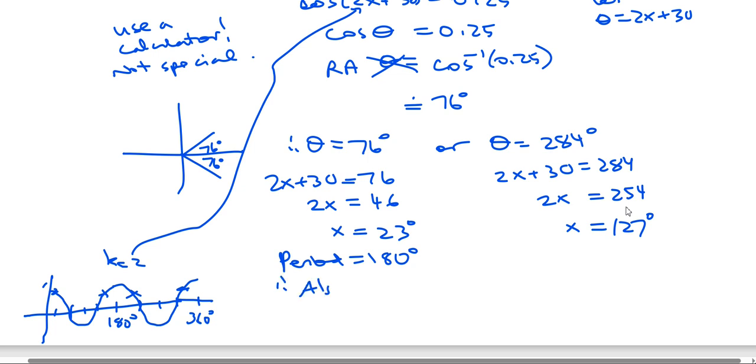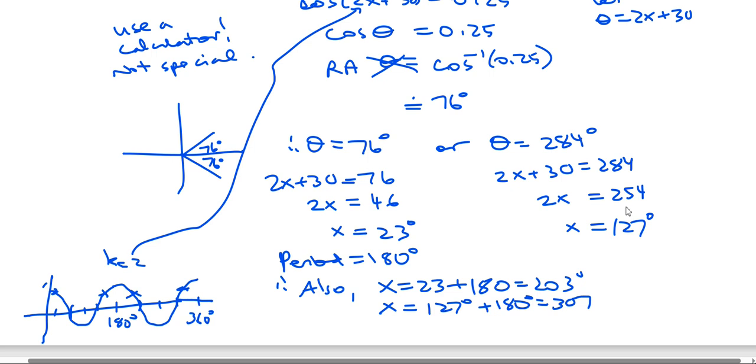So therefore also x is equal to 23 plus 180, which is 203 degrees, and x is equal to 127 plus 180, which is, let me just do that in the calculator so I don't make a mistake. 127 plus 180, 307 degrees. So my final answer is that x is equal to 23, 127, 203, and 307.